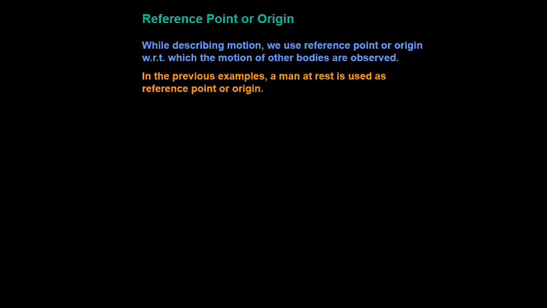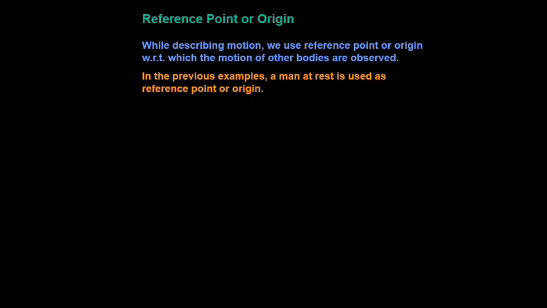Then another point is graphical analysis. Graphical analysis is a very important thing. At the beginning I talked about some of the graph plotting techniques. Now here you have to understand how the graph should be drawn for a motion.